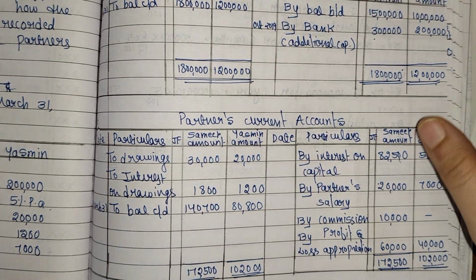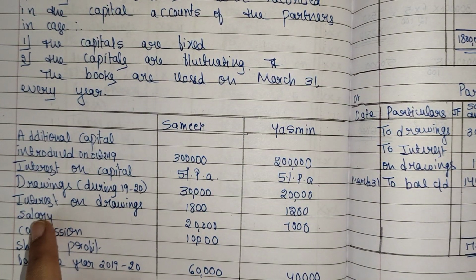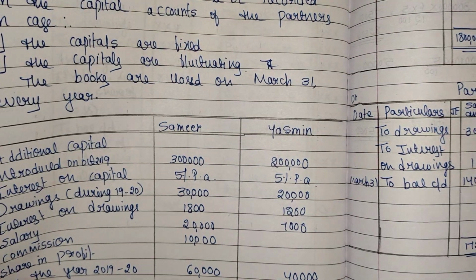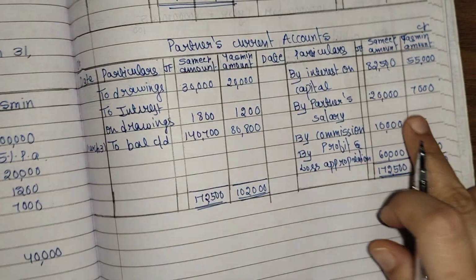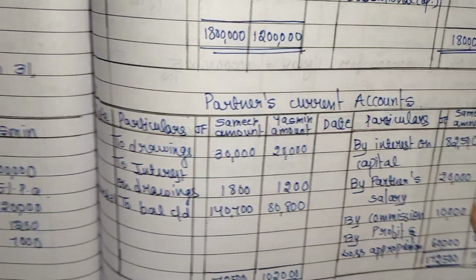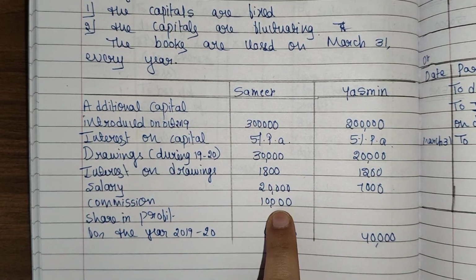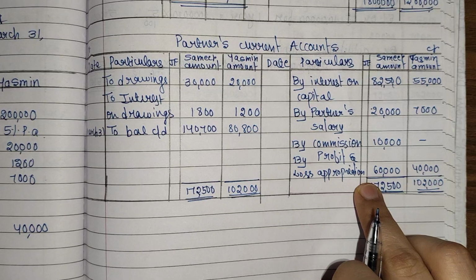Clear? Now next we will go to salary. Partner's salary, how much? 20,000 and 7,000. After that, commission will come. Commission, how much? 10,000 only to Samir. And by profit and loss appropriation, how much?